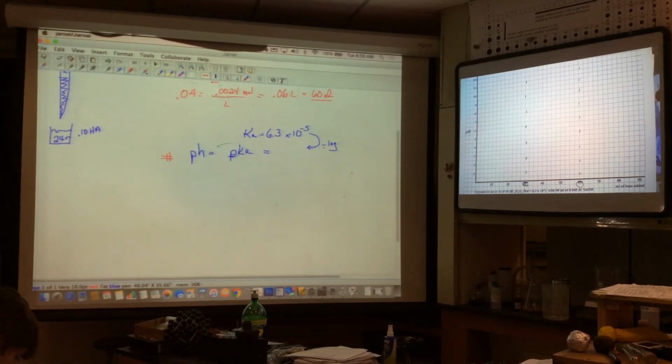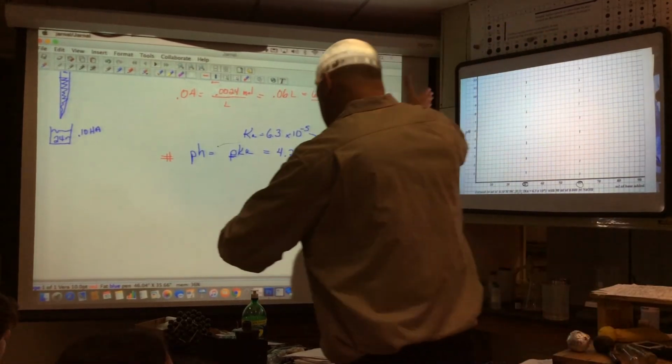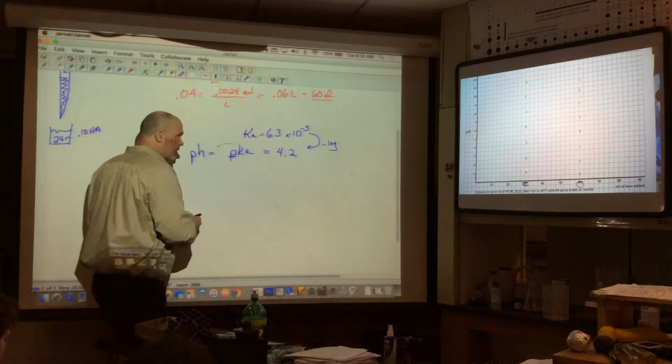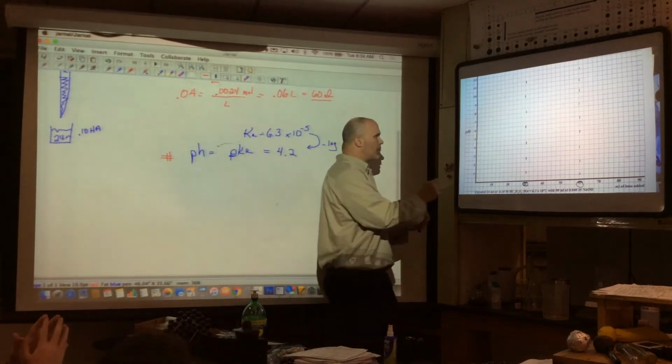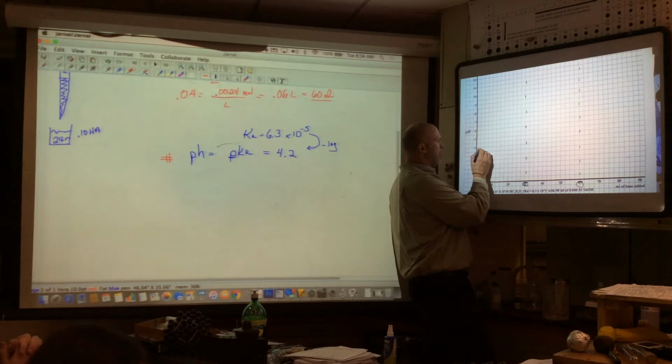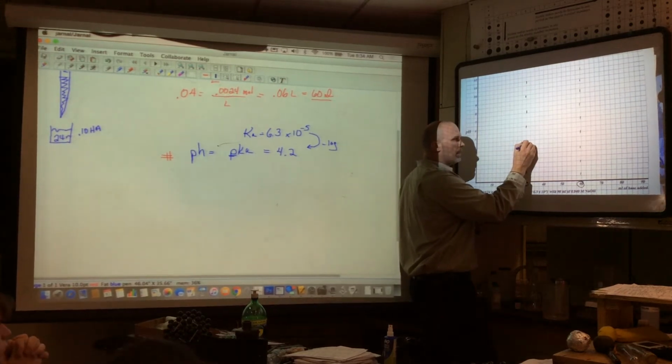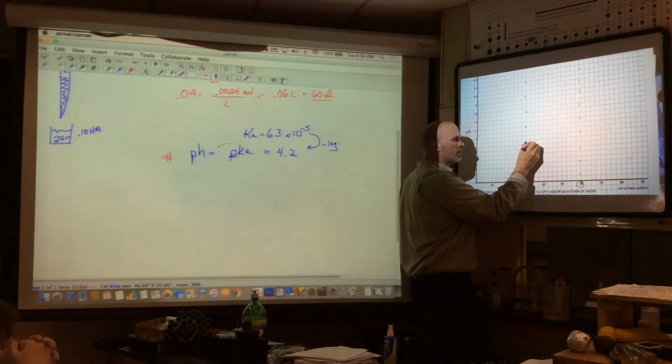I think I did this right. Okay, so I get a pKa, which is the pH, which is the negative log of the Ka at half equivalence, to be 4.2. And that is going to finish out that point number 2. But I needed the equivalence volume to start that. So now at 4.2, at 30, booyah, I got point number 2.